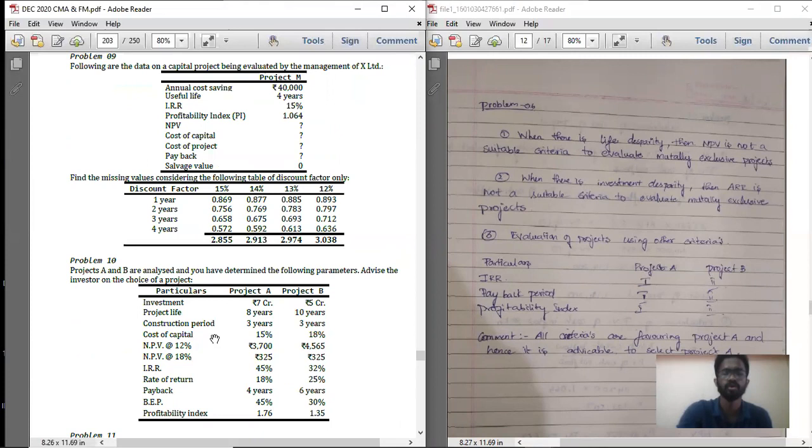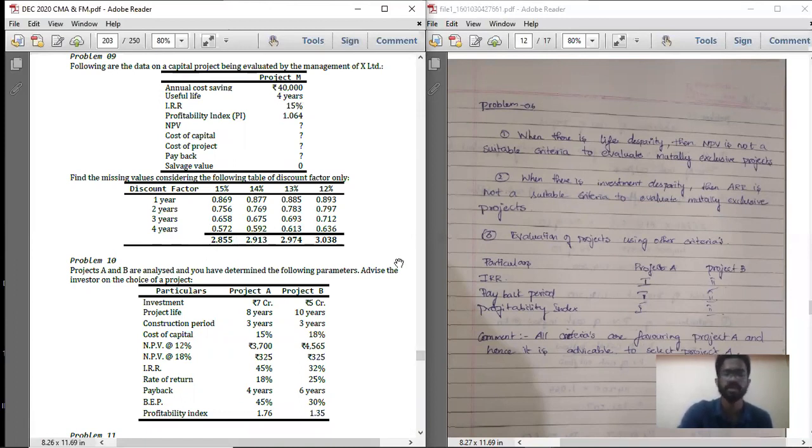You should know the main concept for doing this problem. One, if there is a life disparity, that is if there is a difference in project life, you cannot compare the projects using NPV. Suppose in one attempt they gave all the data, the cash inflow, the PBT, the tax rate, everything, and asked us to select which project is preferable.